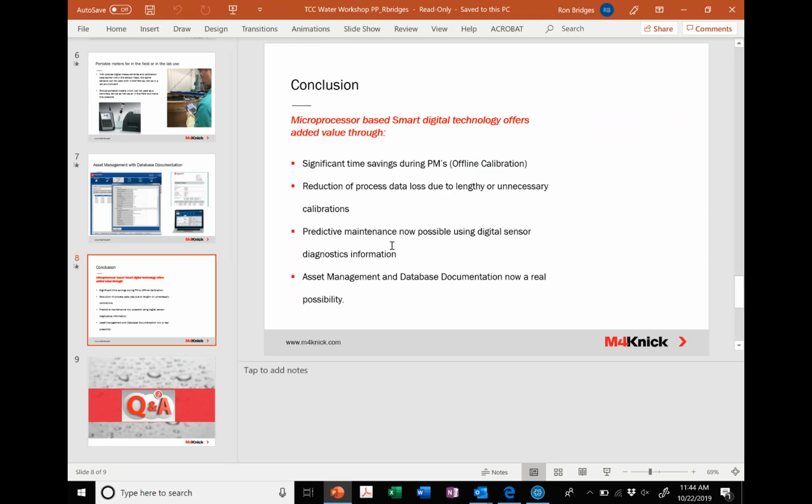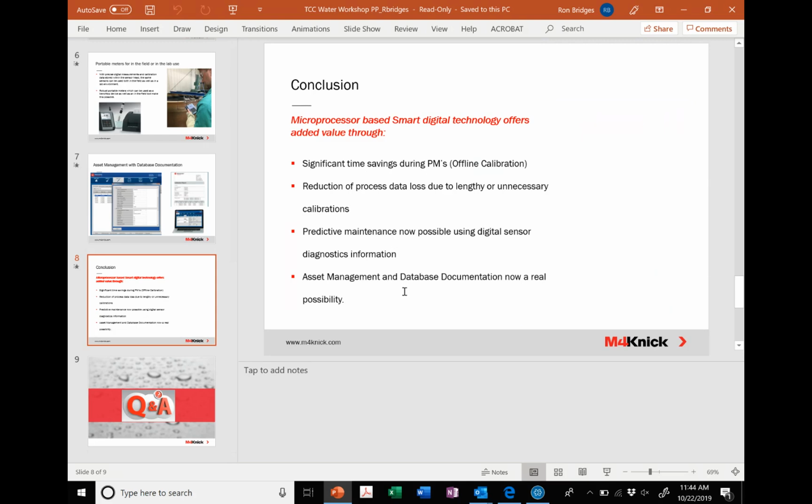As I mentioned, predictive maintenance. In this case, because of the smart digital diagnostics, you have the ability to know in advance when there's going to be a problem with that loop because it's sharing that diagnostics data continuously, so you can then take actions before you actually lose the process measurement itself.